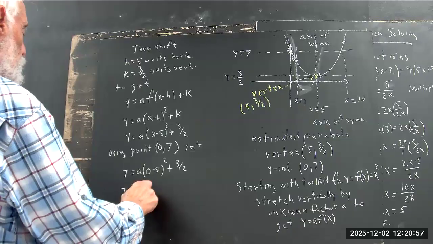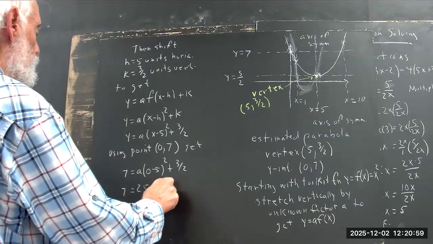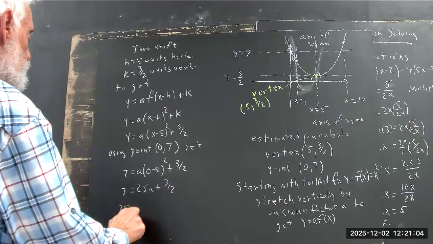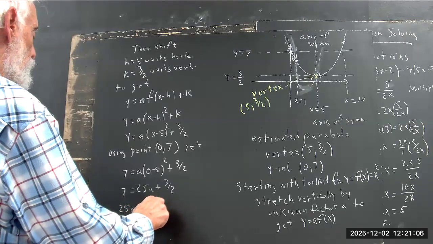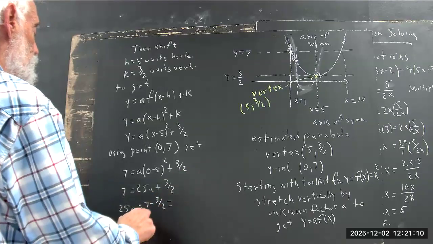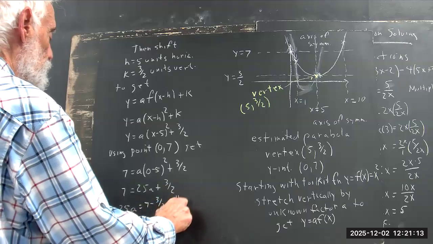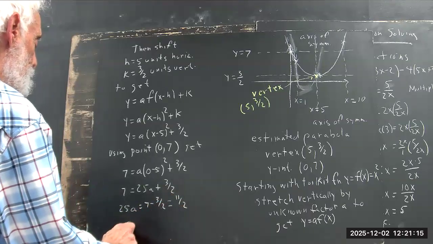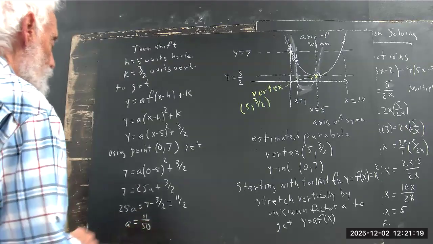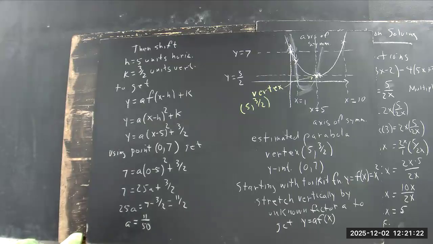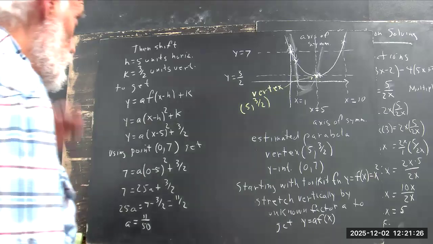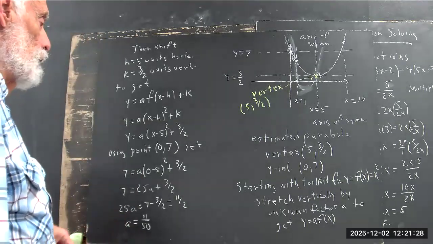So 7 equals 25a plus 3/2. 25a equals 7 minus 3/2, which is 14 halves minus 3 halves, which is 11 halves. a equals 11 over 50. Now, I skipped some steps there and wrote it down fast because we're out of time. But okay, a is 11 over 50.